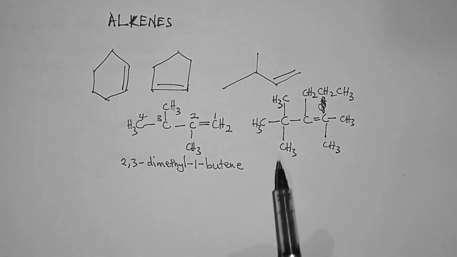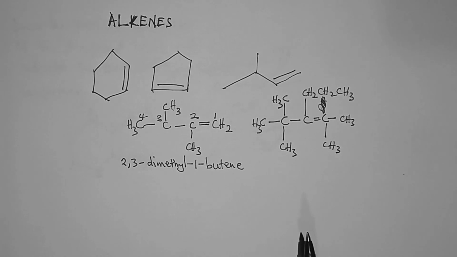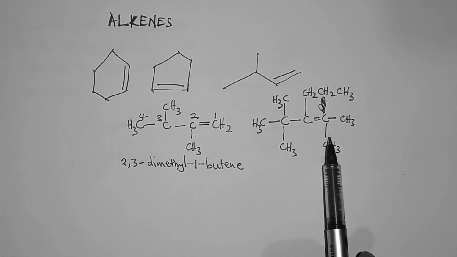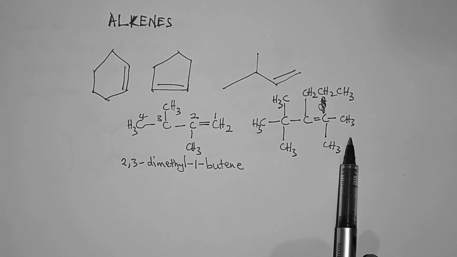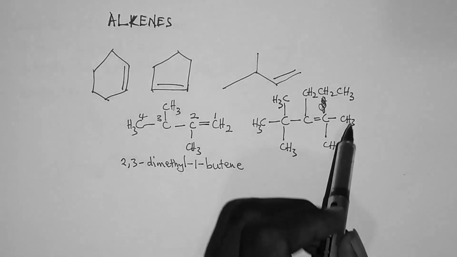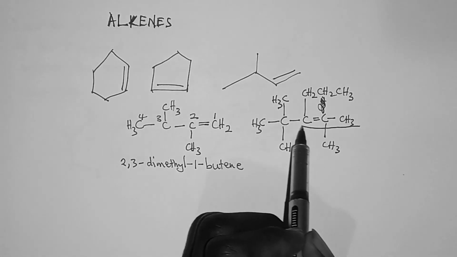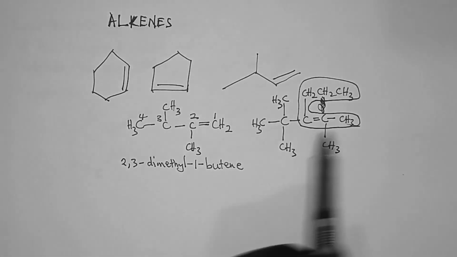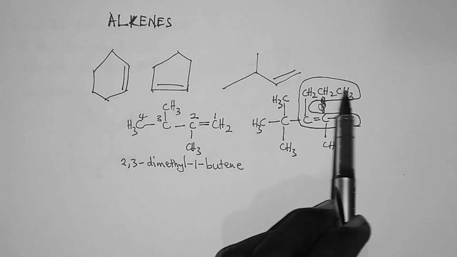So what about this molecule? How do you name this molecule? The first thing is to determine the parent chain. What is the parent chain of this molecule? The parent chain is the longest chain that contains the alkene functional group. So in this case, you can see that this becomes the parent chain because this is 1, 2, 3, 4, 5, 6.